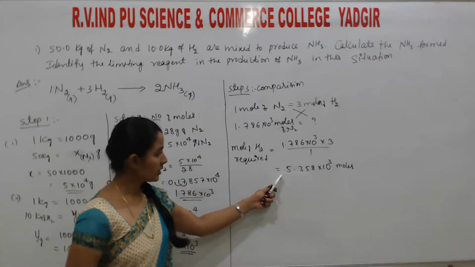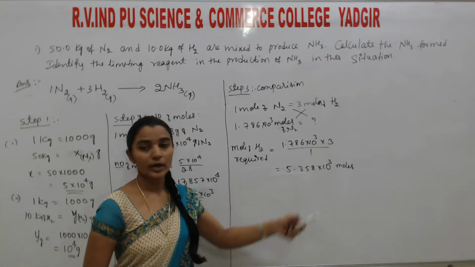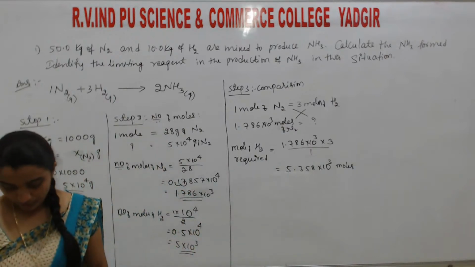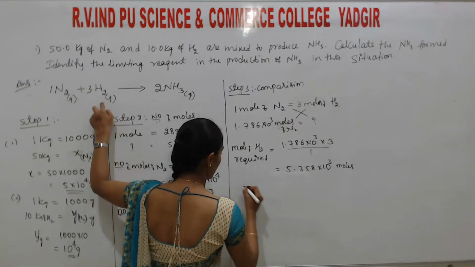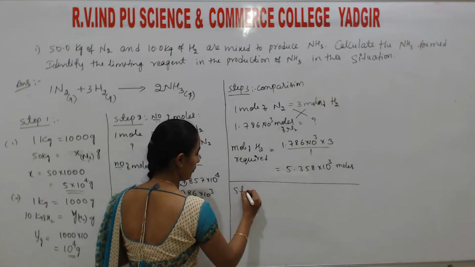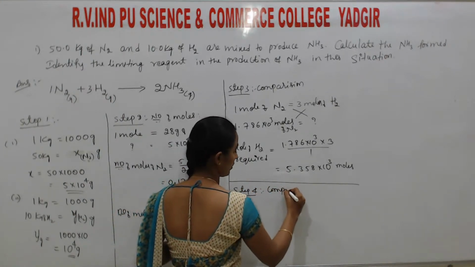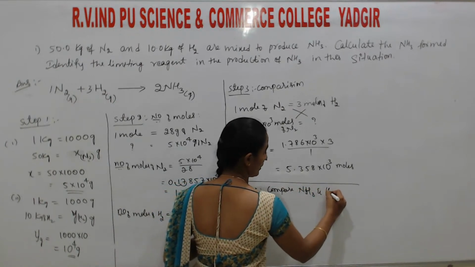Okay, students. So the moles of H2 required is 5.358 into 10 power 3 moles. So next, by comparing with, listen. Once we got this, next step 4, compare NH3 and H2.